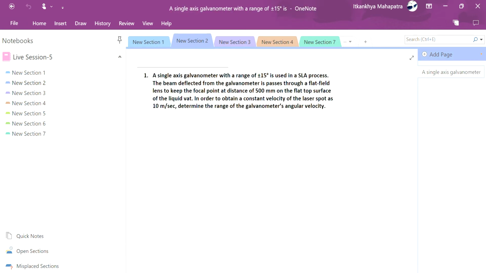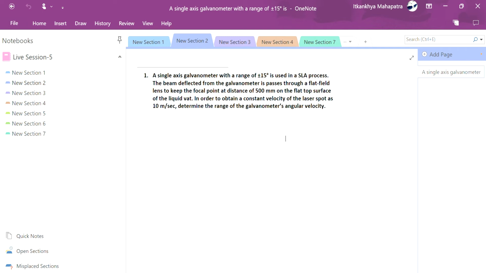A single axis galvanometer with a range of plus minus 15 degrees is used in a SLA process. The beam deflected from the galvanometer is passed through a flat field lens to keep the focal point at a distance of 500 mm on the flat top surface of the liquid vat. In order to obtain a constant velocity of the laser spot of 10 meters per second, determine the range of the galvanometer's angular velocity. So here we have to find the maximum angular velocity and minimum angular velocity.